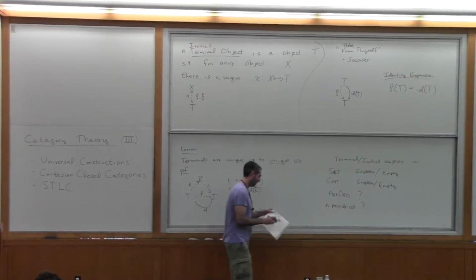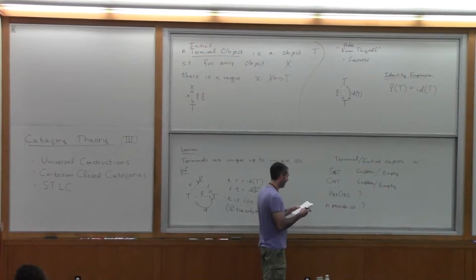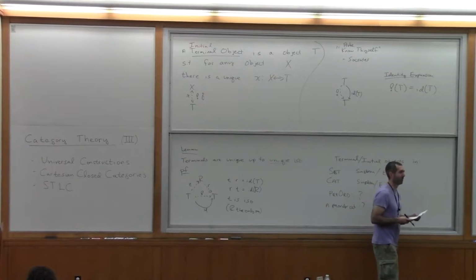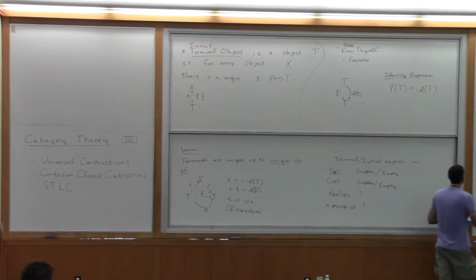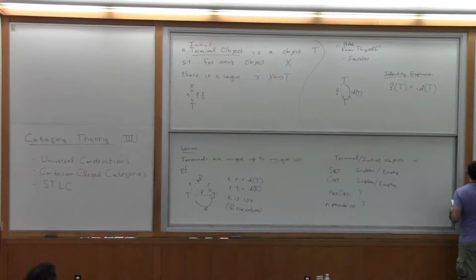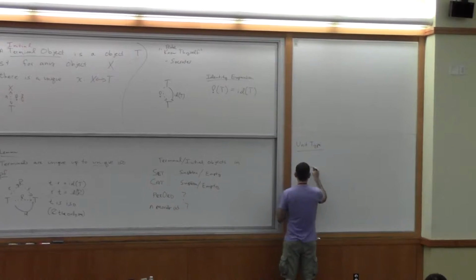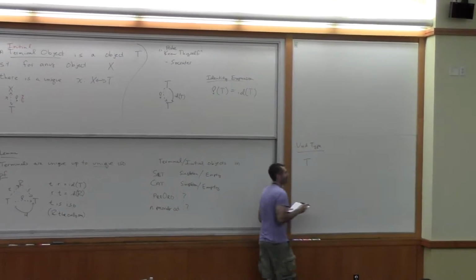Okay, so I think that's what I want to say about that, except now I can tell you about how to interpret the unit type. Okay, so I will call the unit type, I'll write it like this, like with the top symbol.